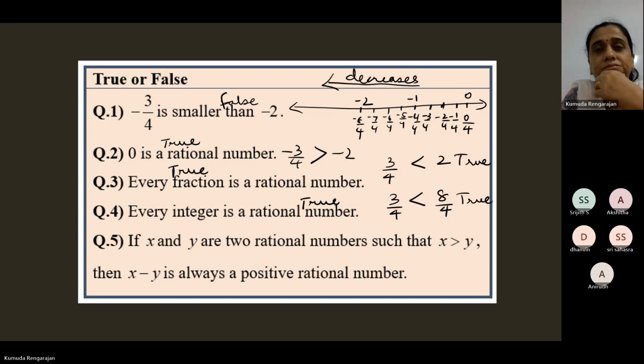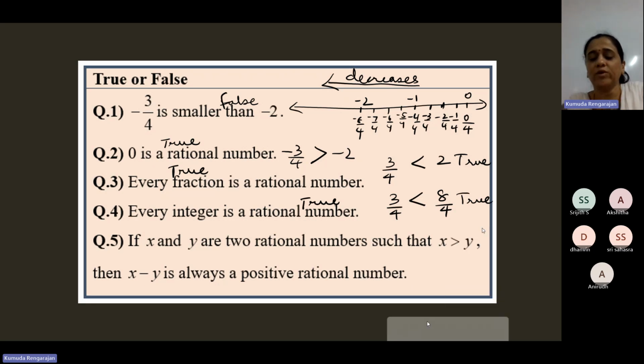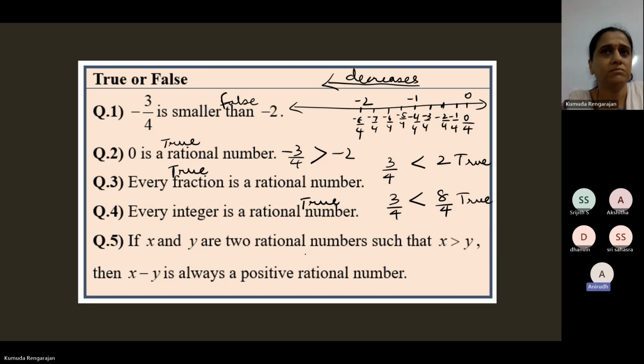True or false, children? True. Ma'am, the answer: larger number minus smaller number is always positive.